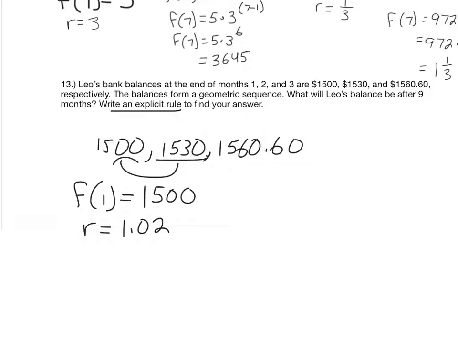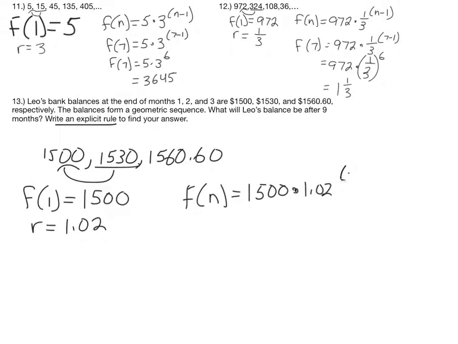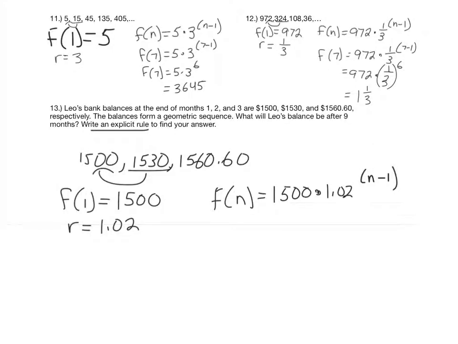Now we use this information to write a general explicit rule. So f of n is going to be equal to f of 1, which is 1,500, times your common ratio, which is 1.02, raised to the n minus 1 power. Now, I'm asking you to figure out what his balance is going to be after 9 months. So that's what we're plugging in for, and f of 9 equals 1,500 times 1.02 raised to the 9 minus 1 power.